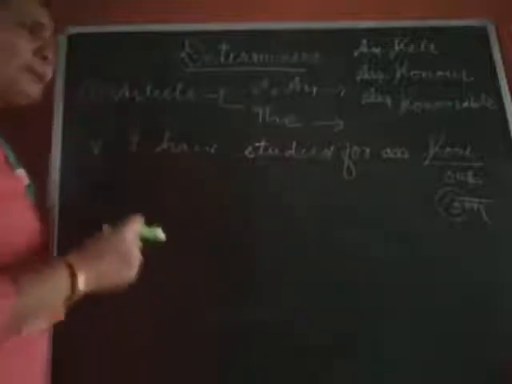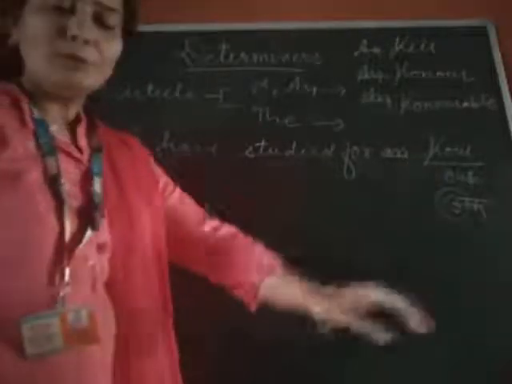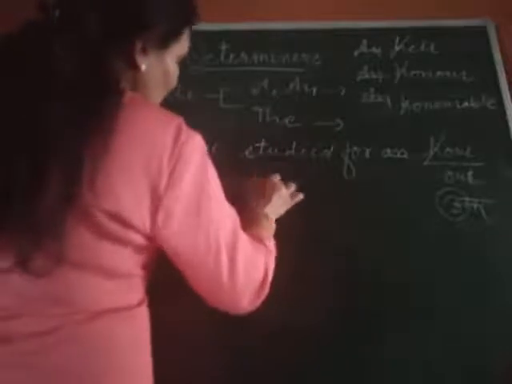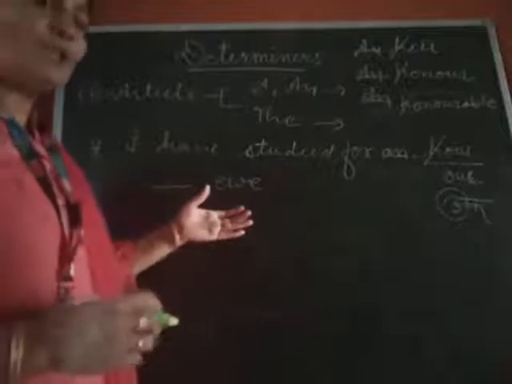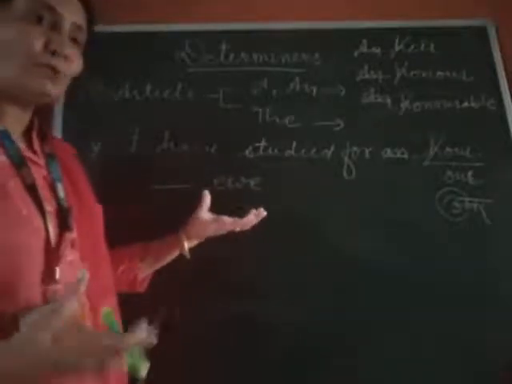It is silent in these words. So air, honor, honorable give a vowel sound. So before the vowel sound we have to use an. Clear?